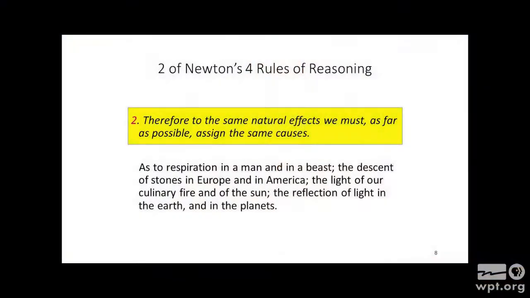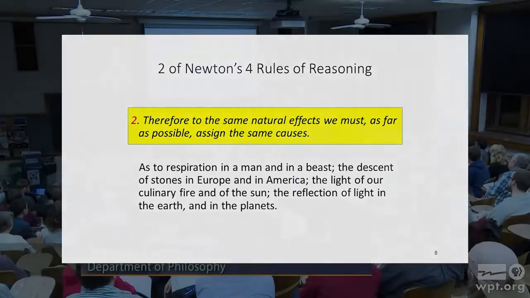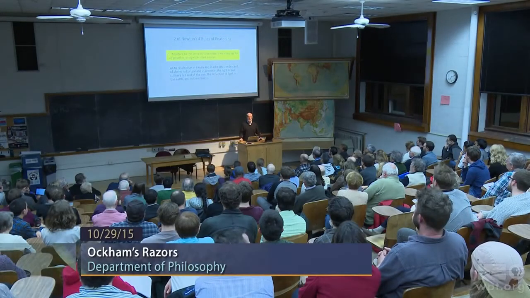The second rule is related. It says, therefore, to the same natural effects we must, as far as possible, assign the same causes. And the examples he gives are respiration in man and beast, the descent of stones in Europe and America, the light in our culinary fires and of the sun, and the reflection of light in the earth and on the planets. And what he's saying is that when you have 2 systems that are observationally similar, you should try to explain them in terms of the same causes. Newton was famous for unifying the theory of motion.